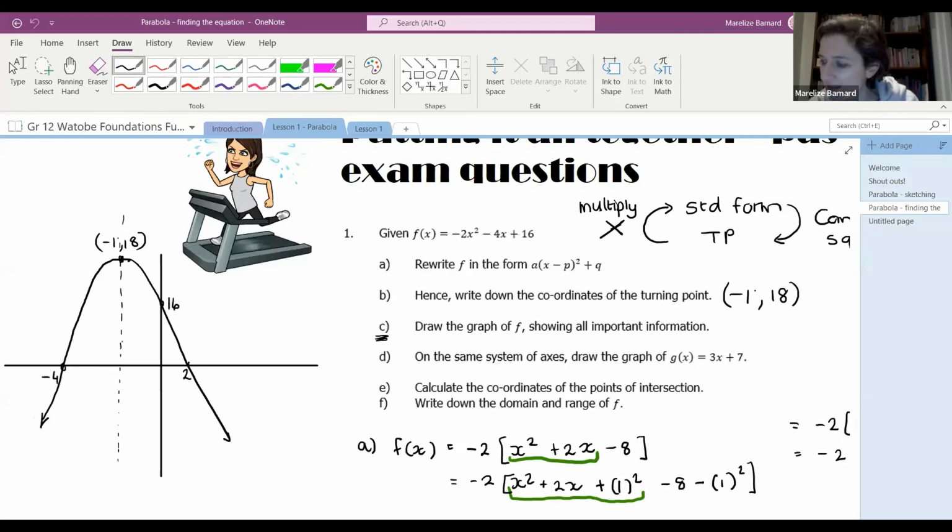How did we get -4 and 2, Mbali? That's just finding the x-intercepts. So we make y equal to 0. We take our equation and put that equal to 0.